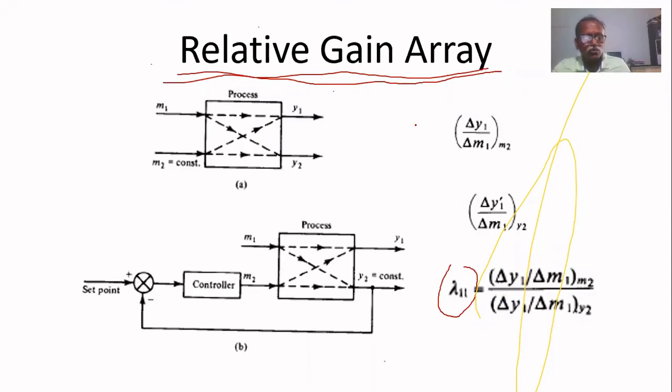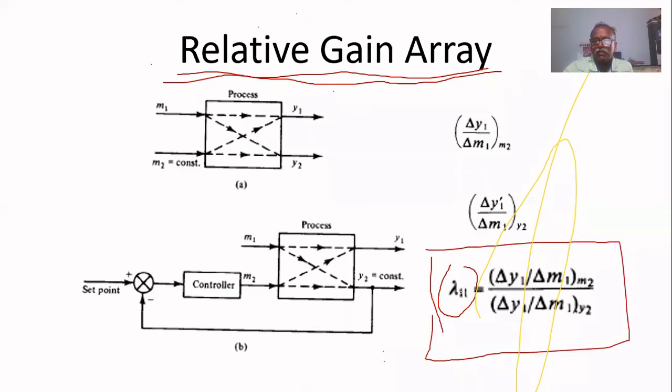For the 2 by 2 MIMO process, lambda 1 1 we have to find. Lambda 1 1 means it is a ratio between change in y1 with respect to change in m1, keeping m2 constant.